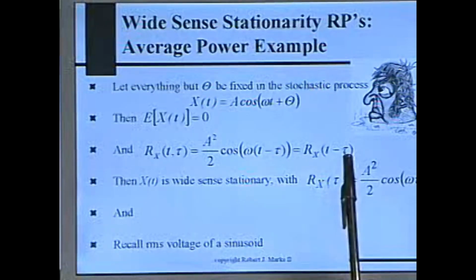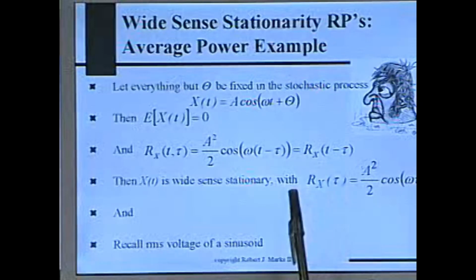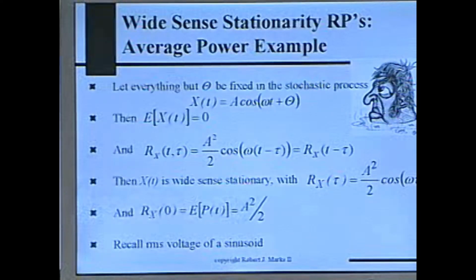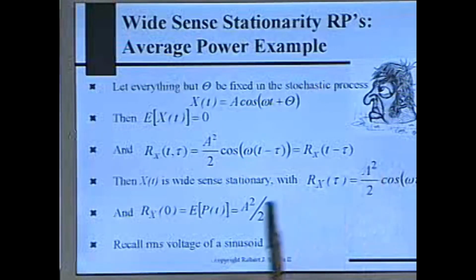If we take this t minus tau and substitute tau into it, we get this thing which goes off the screen. This is an omega tau over here to the right. Well, and then here we go. What's the expected value? What do you feel when you stick your hands in the socket? You feel the Rx of 0, the autocorrelation at the origin, which we said was the expected value of the power, right? That's the second moment of the stochastic process, equal to the average power, and that's equal to a squared over 2. This cosine goes to 1.